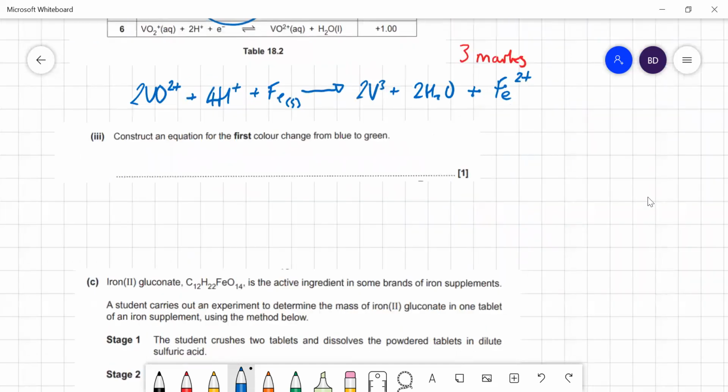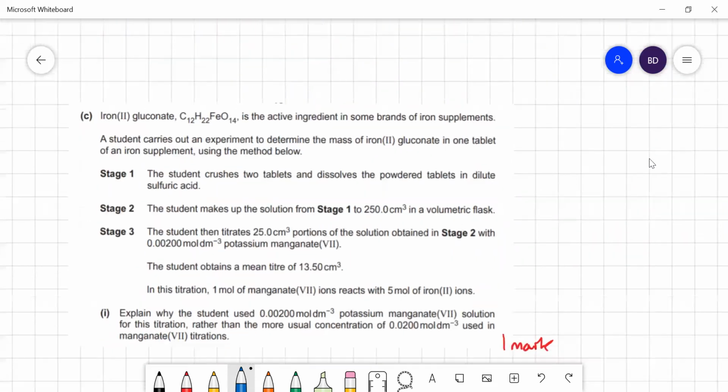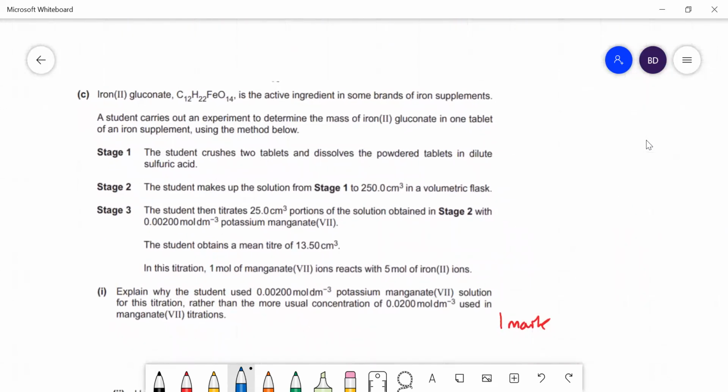Okay. Right, here's a titration question then. Iron gluconate, which has got this formula, is used in an experiment to determine the mass of Fe2+ in one tablet. Right, the iron must be in the 2+ oxidation state in the iron gluconate.